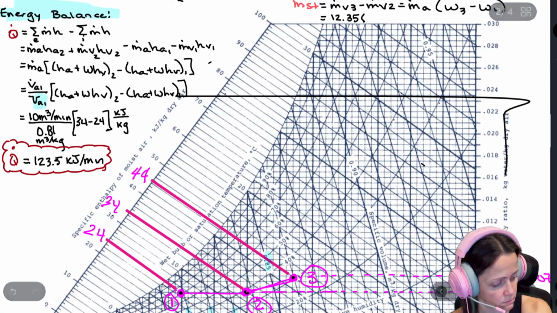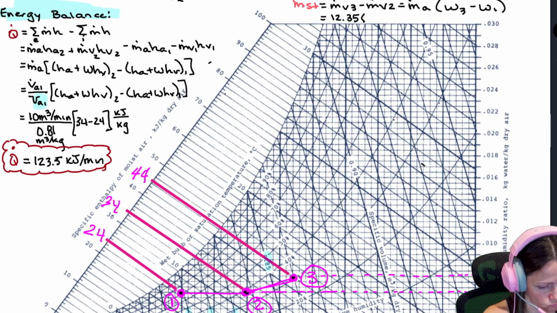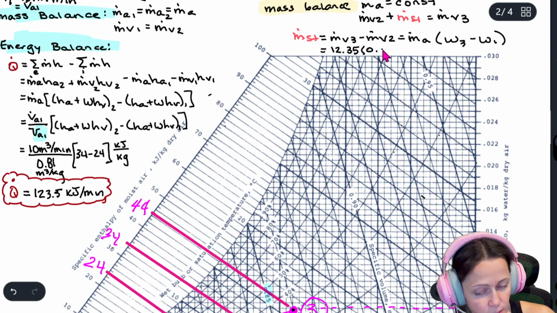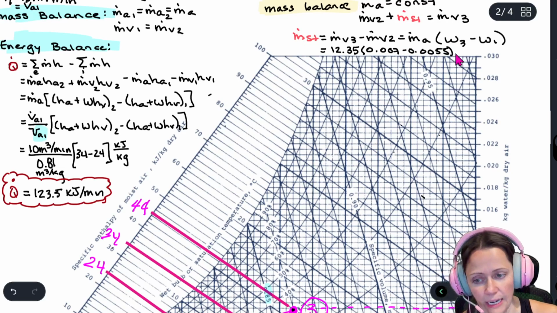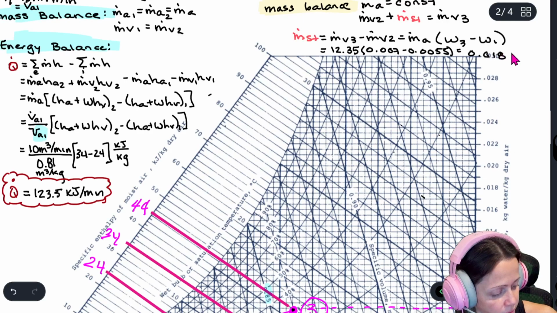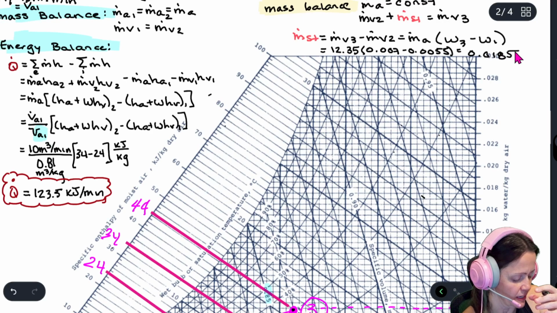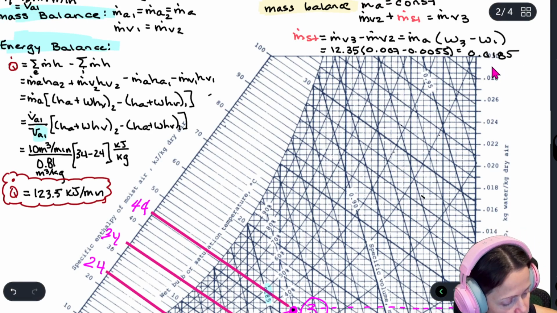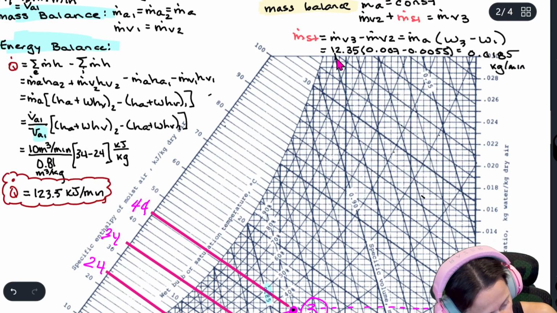And we got something like 0.0185. The units there are going to be kilograms of water per minute, because this mass flow rate is also in kilograms per minute.